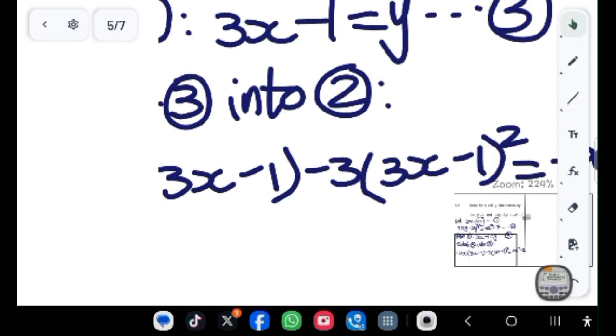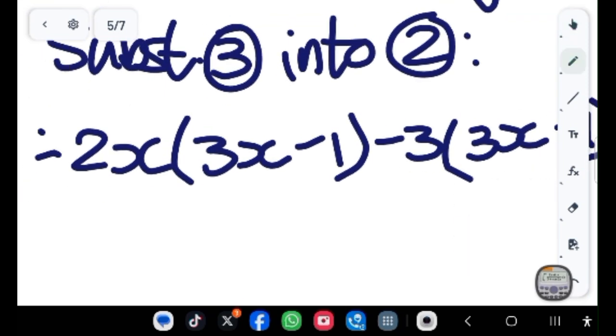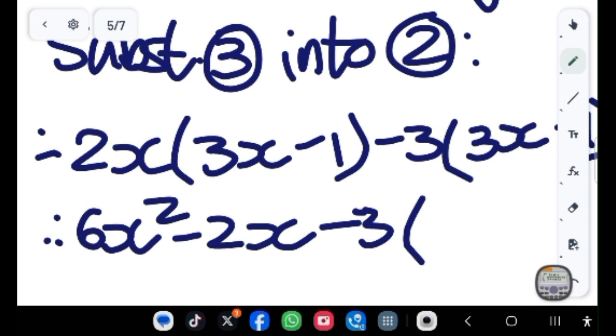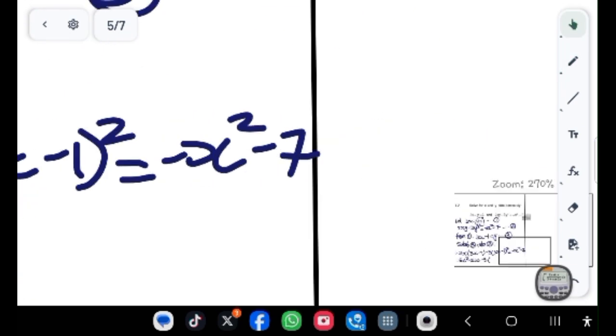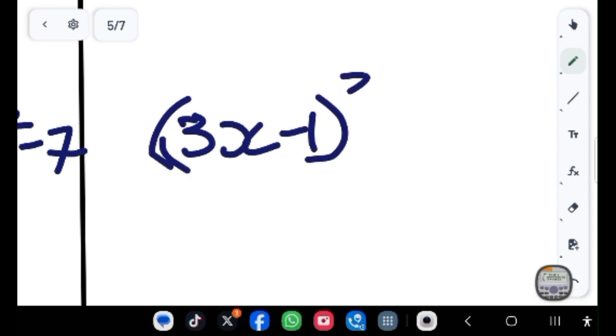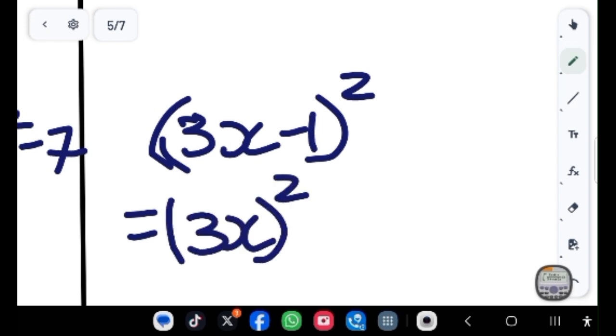So what we do is we expand. Here is what we do, so that it's 6x squared minus 2x minus 3. Let's expand this. Let's square this binomial on the side. You can square it right there, it will just get very messy. I don't want it to get messy. I want it to be easy to follow. So when you square a binomial, or you can use the formula, that's up to you. I prefer the squaring of the binomial.